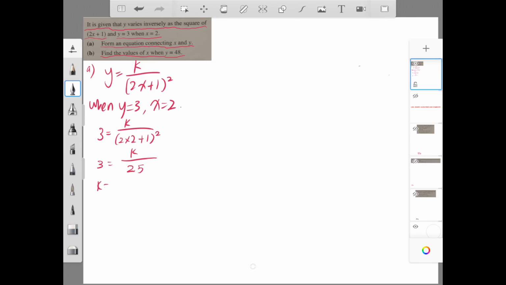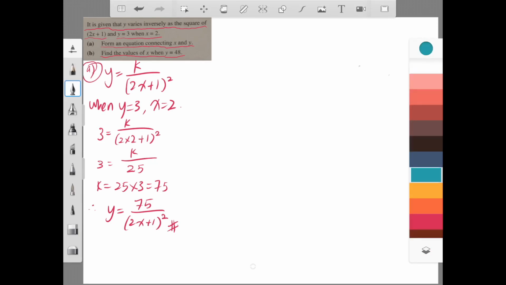So k is equal to 25 times 3, which is 75. Therefore, the equation that connects x and y together is y is equal to 75 over (2x plus 1) bracket square. So this answers part A of the question.